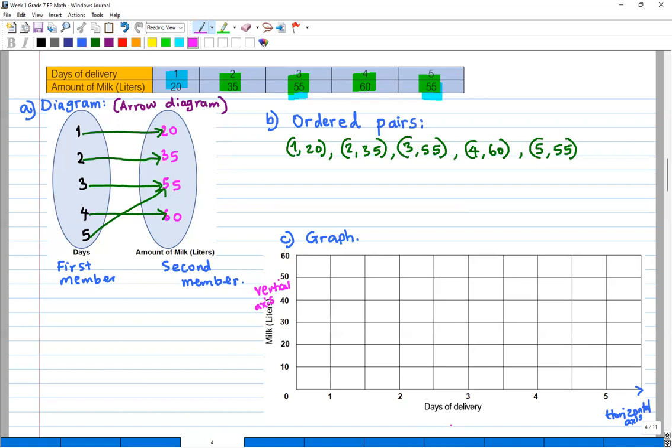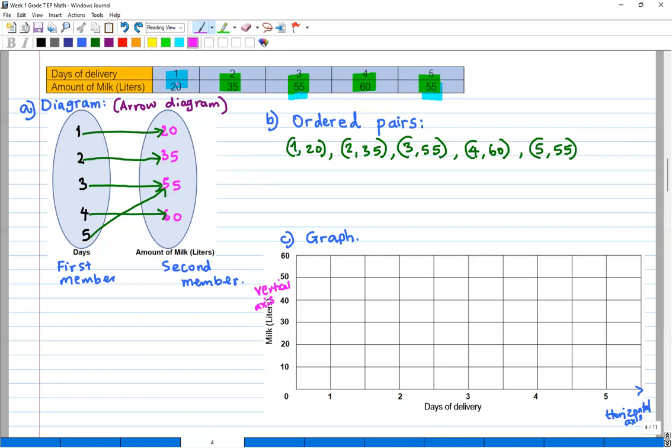So the horizontal axis shows the days of delivery, and the vertical axis shows the milk in liters. Like this. This is the vertical axis. Okay. And then this is the horizontal axis. So the horizontal axis goes from left to right, and the vertical axis goes from down to up, or up and down, or you can say north to south, no problem.